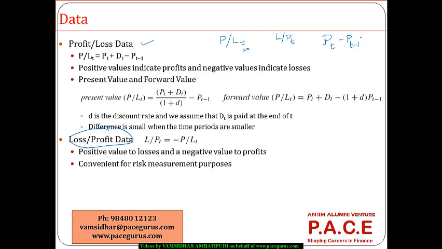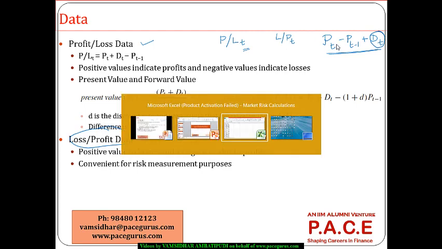So whatever is the change in the price plus whatever interim cash flows came up during the period between t and t minus 1, that is what we are considering as a part of the profit to loss data.